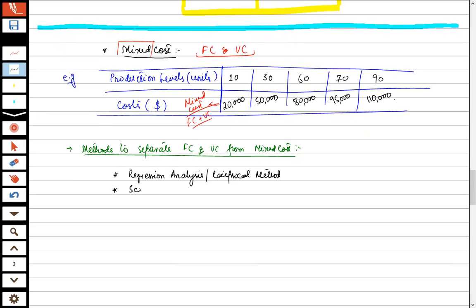Number two is known as scattered diagram method. And number three is known as high-low point method.